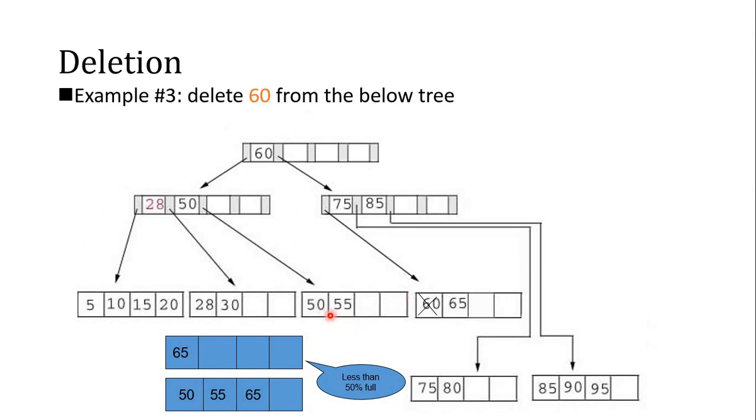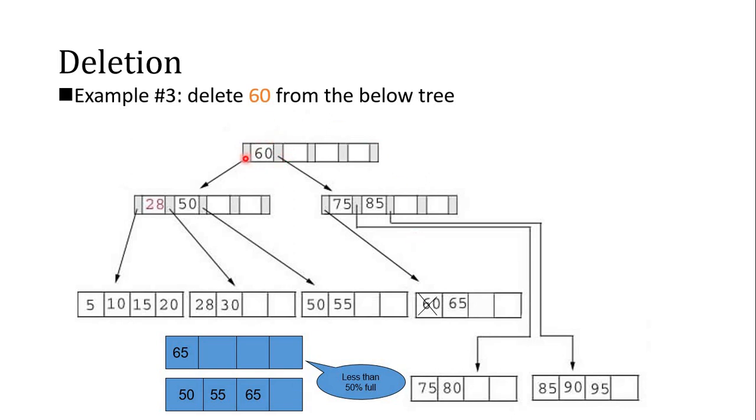If it is occupied, if there are 4 values like 50, 55, 57 or 59, then we cannot merge it because it is already full. But if it is not full and has space, then we have to merge it. So the node will be 50, 55 and 65 here, and 60 will be deleted here.